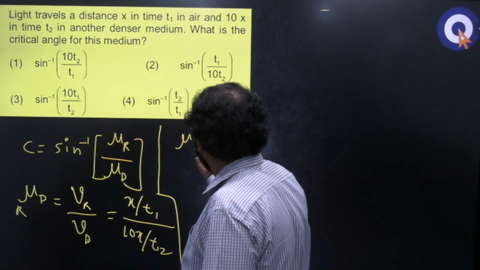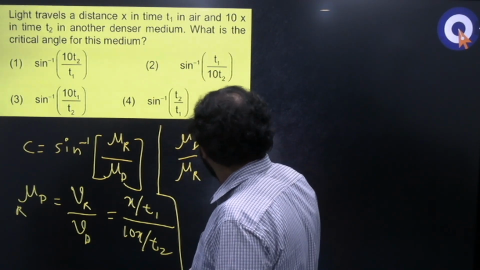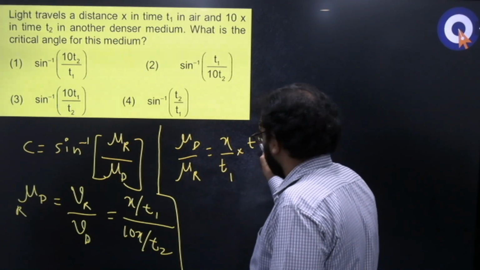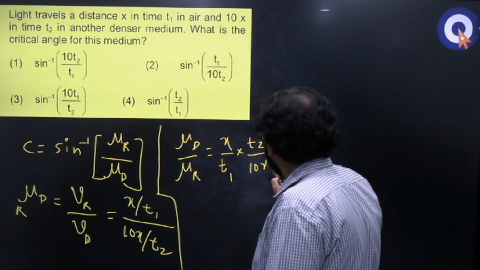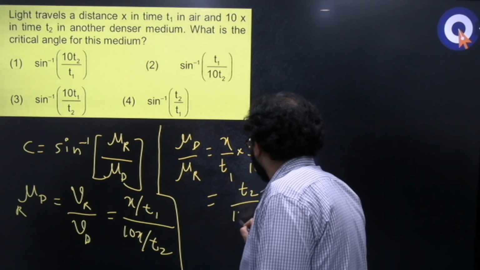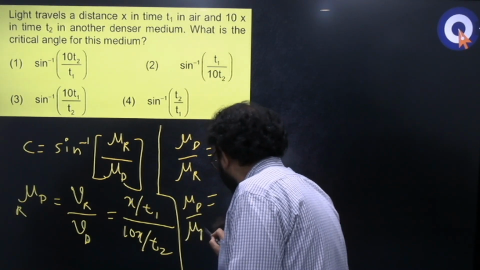So mu denser by mu rarer equal to x by t1 multiplied by t2 by 10x. So that is x gets cancelled, t2 by 10 t1. This is mu denser by mu rarer.